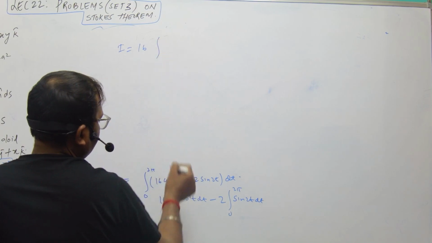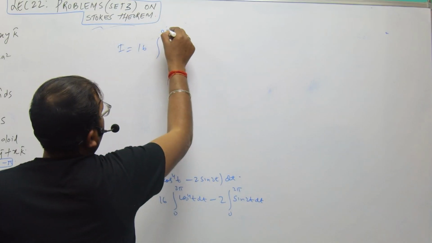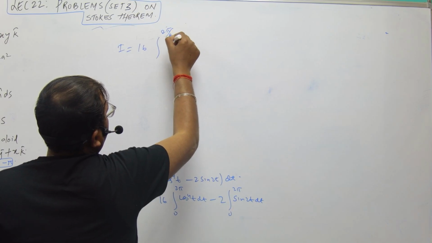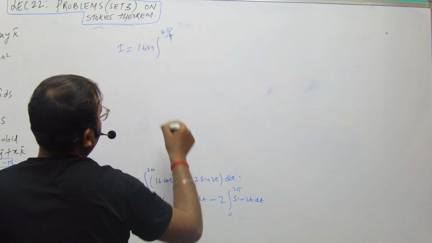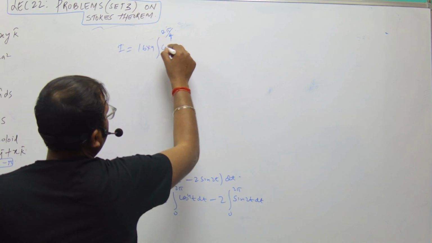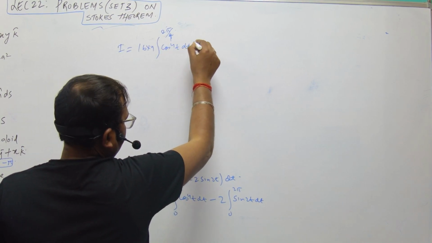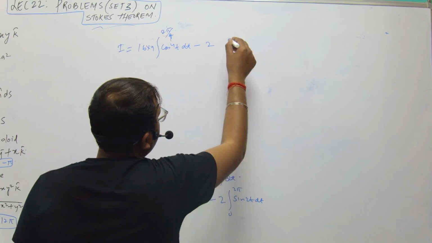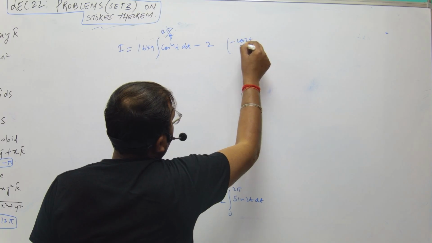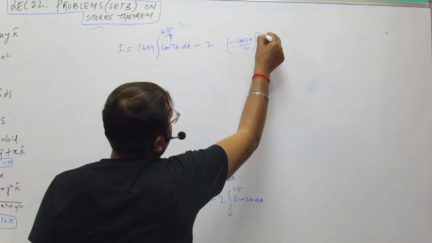So I is equal to 16 times the integral of cos 4t dt minus the integral of sin 2t dt, where the integration of sin 2t is minus cos 2t upon 2, with limits 2 pi and 0.